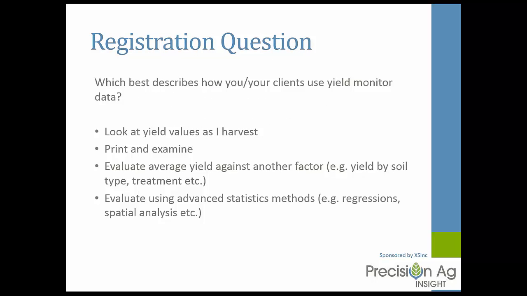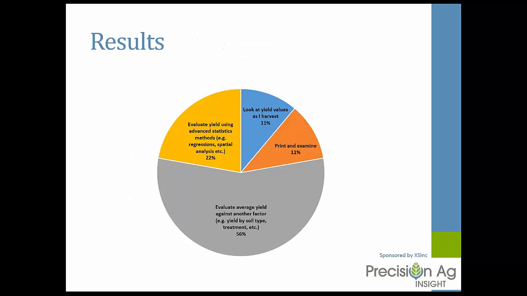Great, and that's a good segue to that second registration question that you all answered when you signed up for the webcast, which asked, which best describes how you or your clients use your yield monitor data. You see the options you had to choose from down below, and I'll pull those results here.